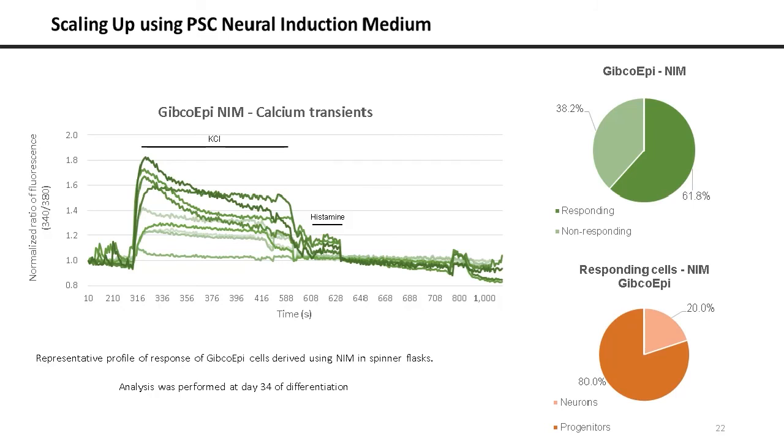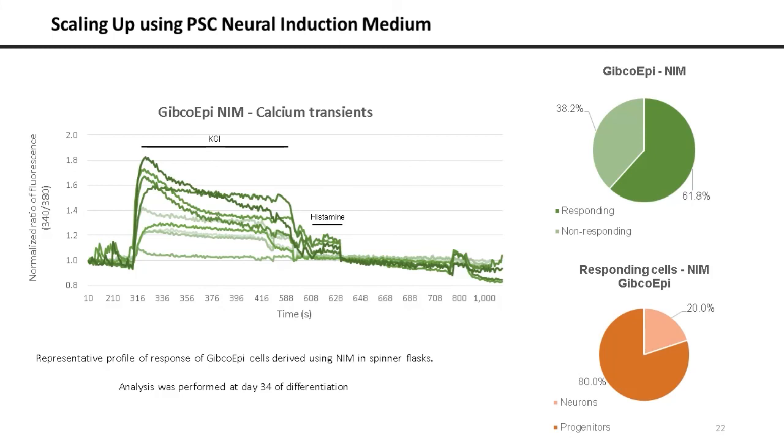So from here, we can see that our population has around 62% of responding cells, and from that 62%, we have 20% of the cells that are already neurons, and 80% that are still on the progenitor phase.